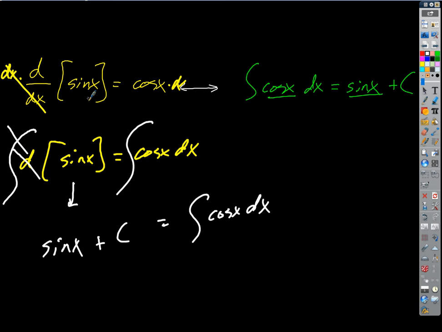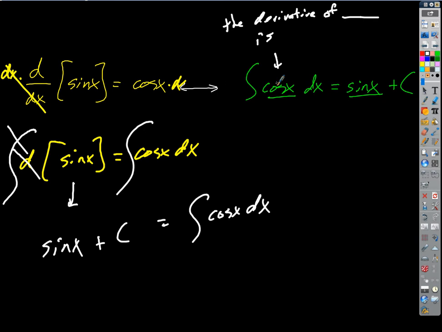That's how we write an antiderivative. This is asking the question, essentially, the derivative of blank is that. In other words, what is the antiderivative of cosine x? That's all we're doing is playing calculus Jeopardy with that.